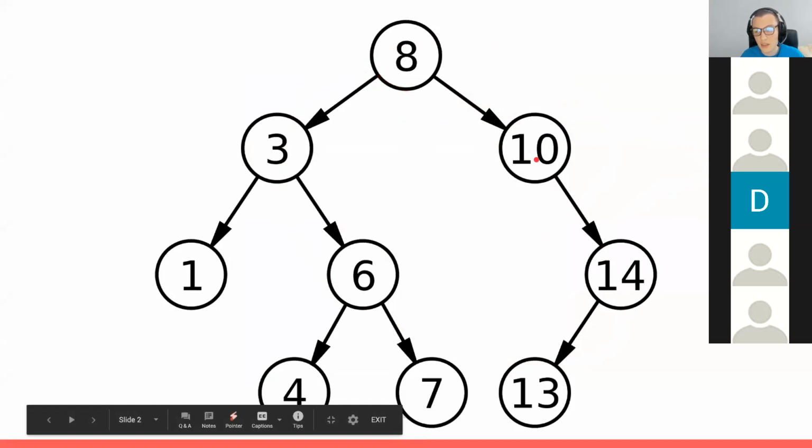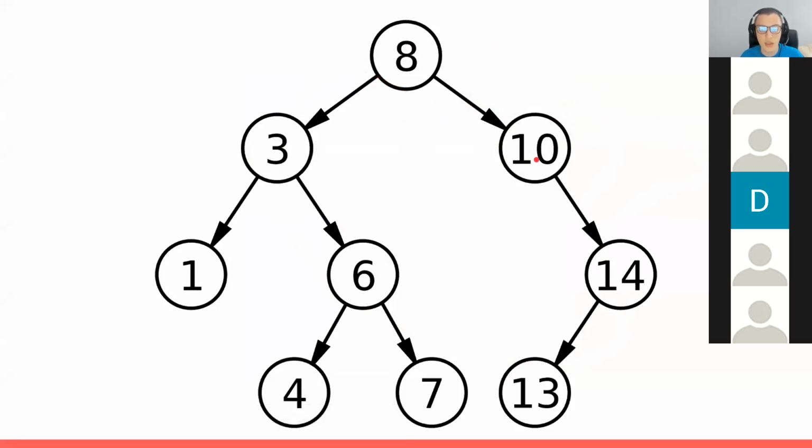Each vertex has at most two sons, two children, left one and right one. And some of them can have only one, like 10 here, and some of them can have none, like 1 here.